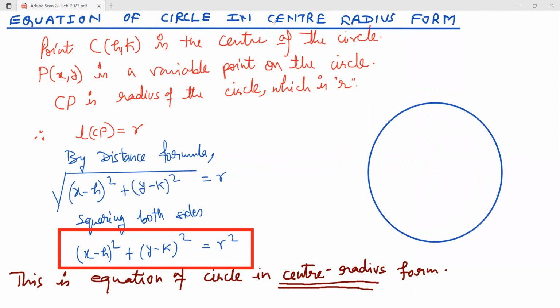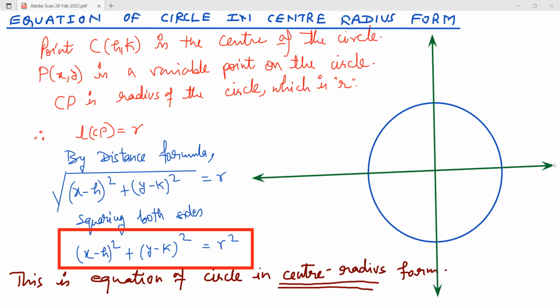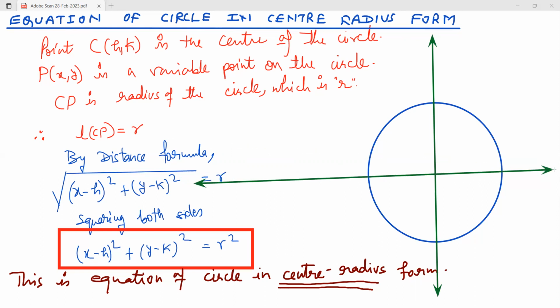Here you have the x-axis, you have the y-axis, and the center.